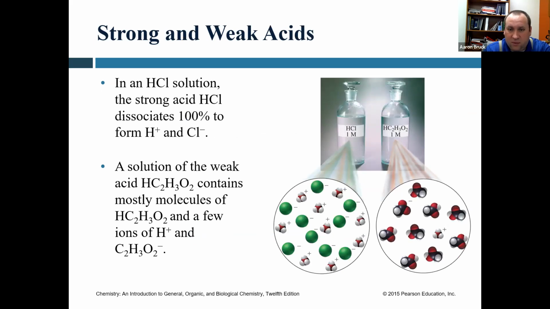From a molecular standpoint, again, we can see the differences. The HCl here, the strong acid, we see all of these ions present all over the place. The acetic acid here, we see the majority of the molecules are staying completely together.